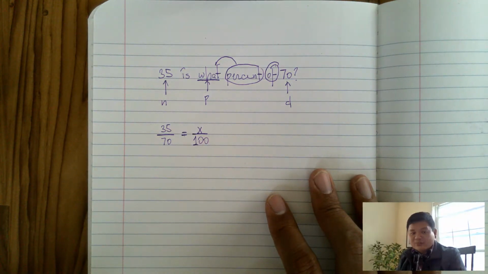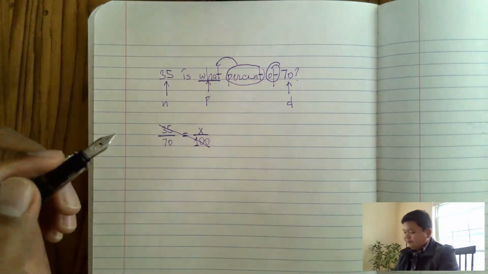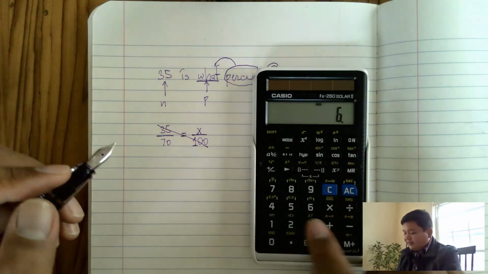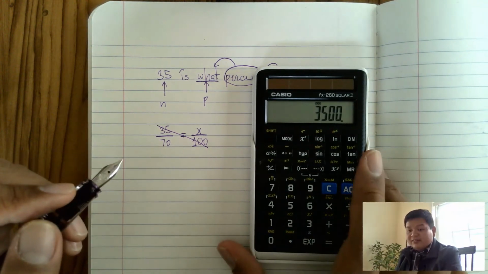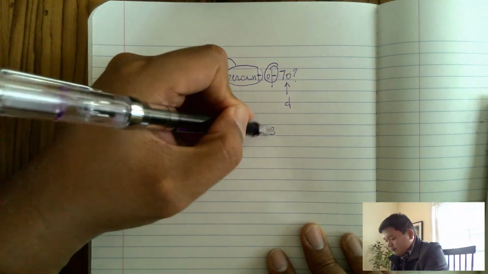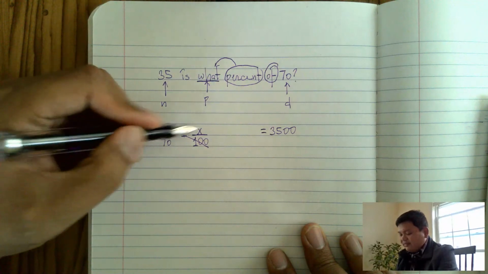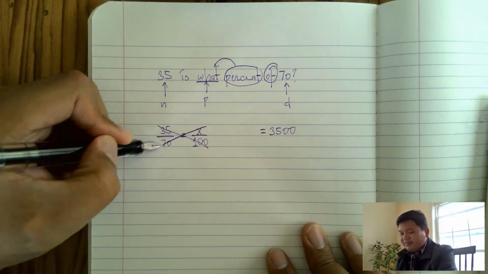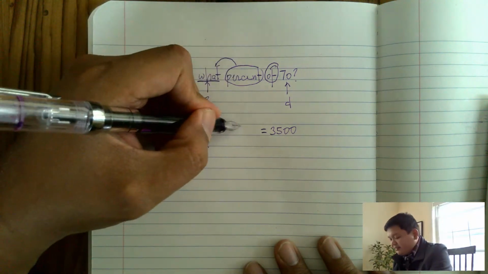Let's then try cross multiplying here. So 35 times 100 on the calculator. 35 times 100 gives me 3,500. And that's going to be equal to whatever this is, which is 70 times x. Since we don't know what x is, we can just say 70x.